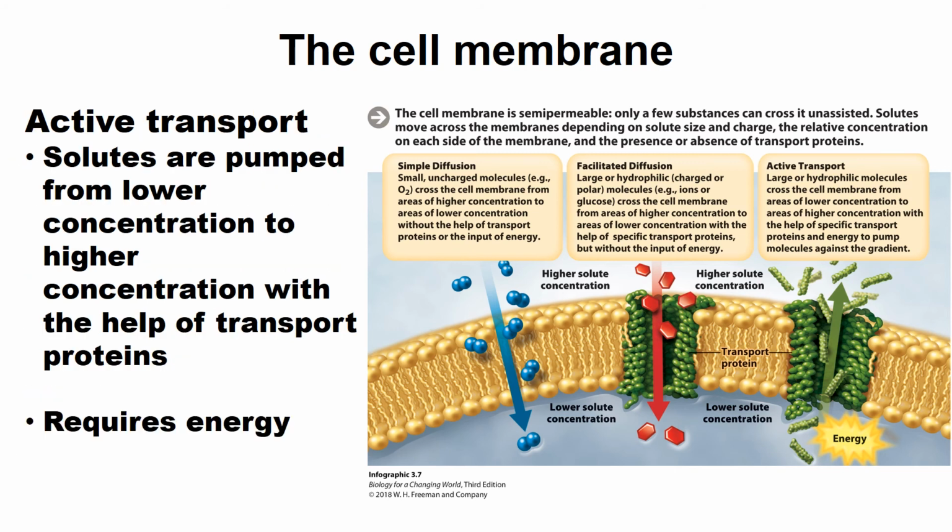And the last type of movement that we have is called active transport. So in active transport, it requires the assistance of proteins. And because we're actually going against gravity, it requires the assistance of energy as well.